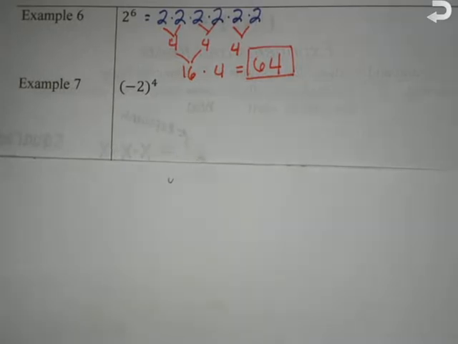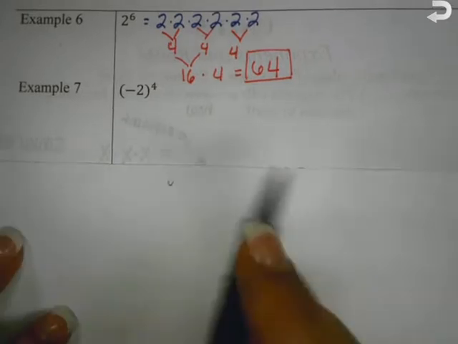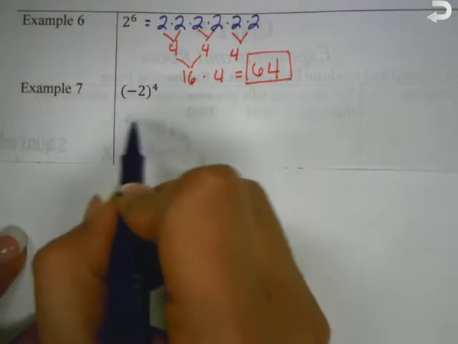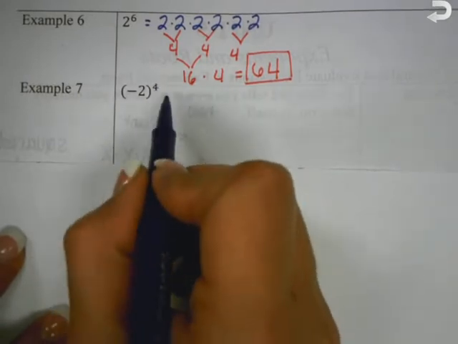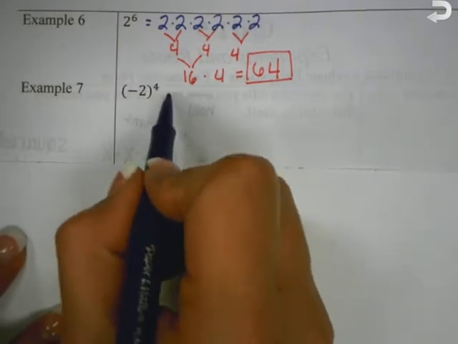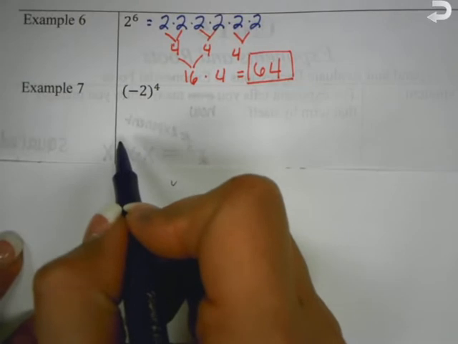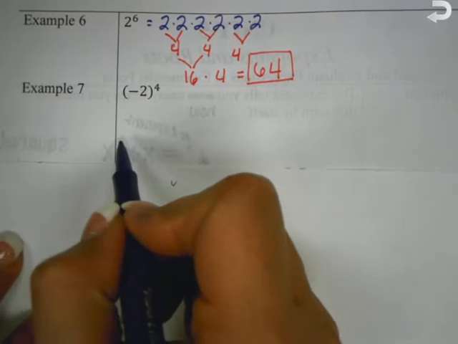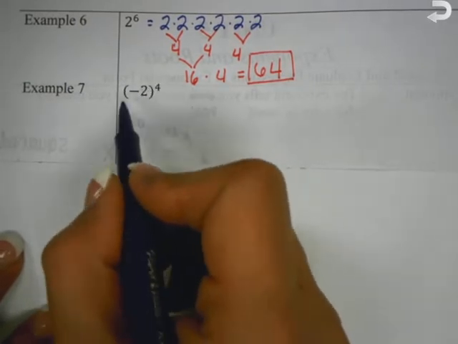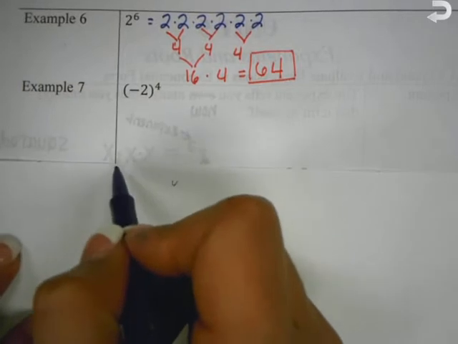Let's expand this first. What is the 4 attached to? Is it attached to the 2, the negative, or the parentheses? It's attached to the parentheses, so let's expand this. -2 times -2 times -2 times -2.